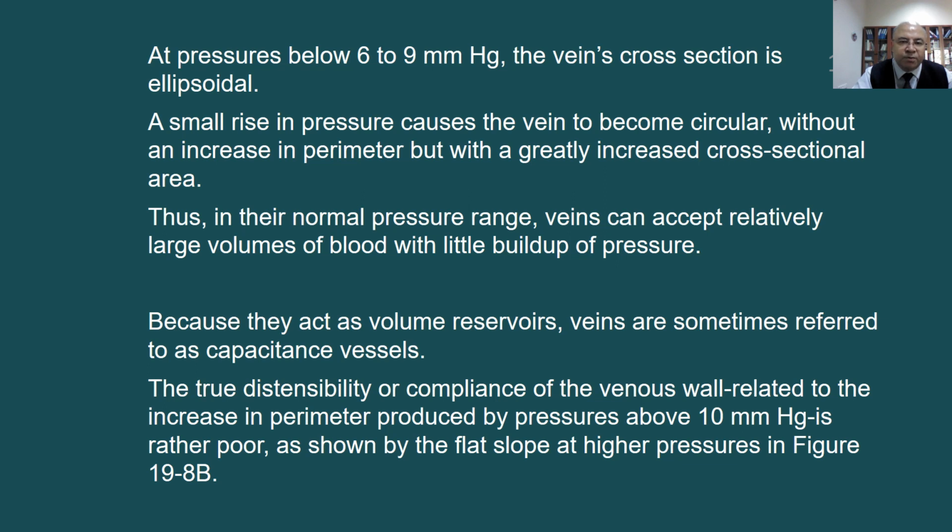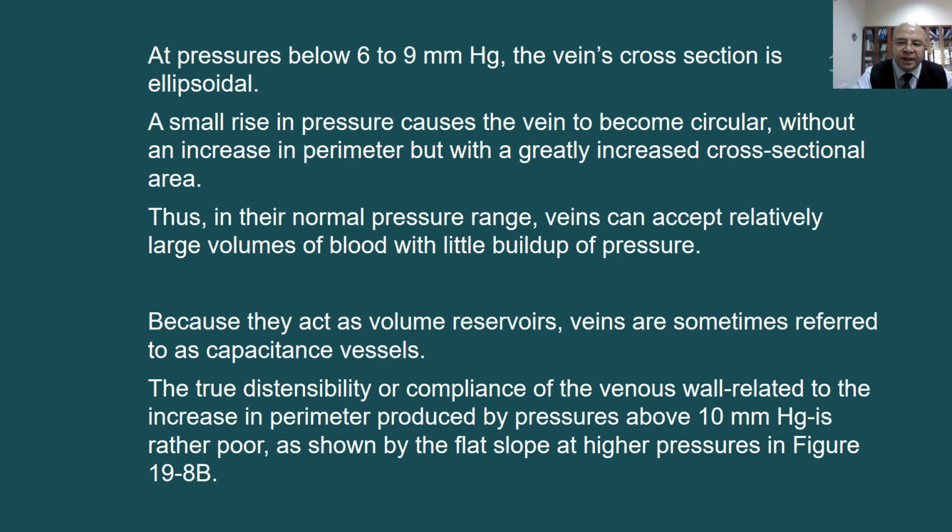A small rise in pressure causes the vein to become circular without an increase in perimeter, but with a greatly increased cross-sectional area. Thus, in their normal pressure range, veins can accept relatively large volumes of blood with little buildup of pressure. Because they act as volume reservoirs, veins are sometimes referred to as capacitance vessels.